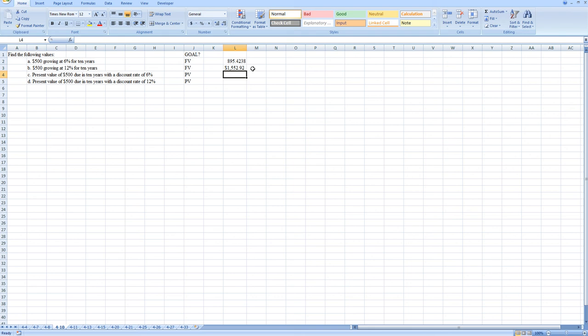For parts C and D, we're now trying to identify a present value. So we'll start out with equal sign PV to evoke the PV function. Our rate here is 6%. Number of periods is 10 years. There will be no payments made during the 10-year period, so we'll leave payment blank. The future value is going to be 500.